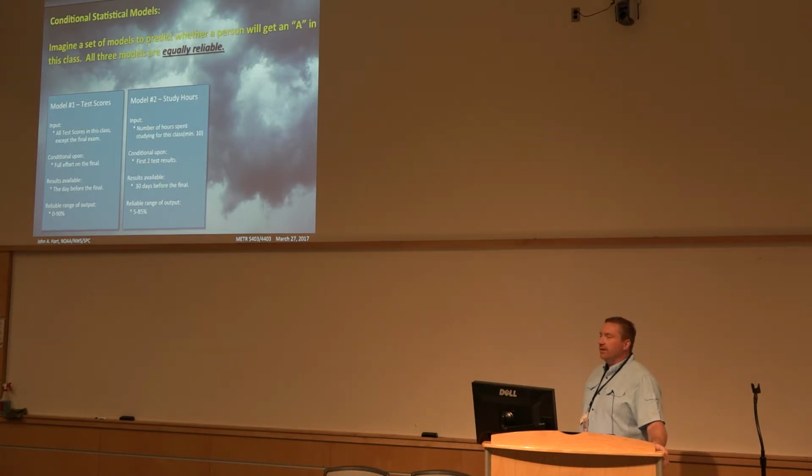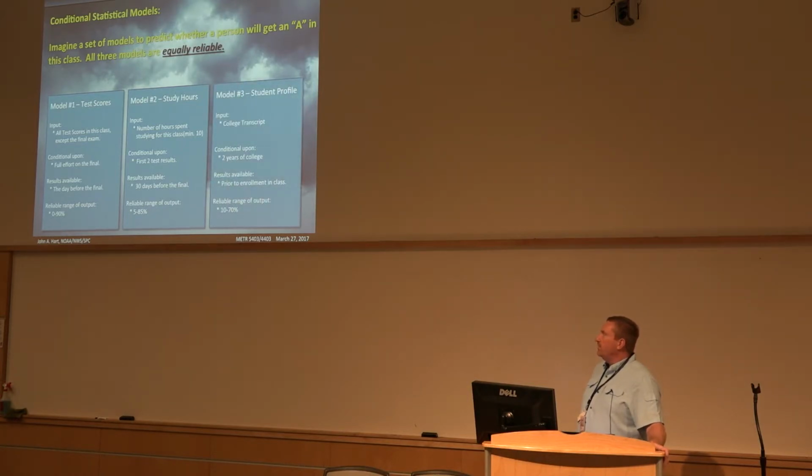It's probably still too late to get your money back, or maybe to drop. I don't know how OU is. But you notice the reliability goes down a little bit because you're not using as much data. You're not right up to the end result, and so you can't have reliable output or confidence as high because it doesn't have as much input.